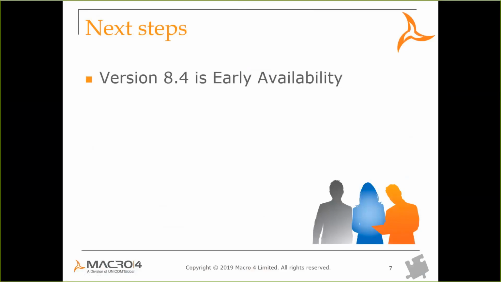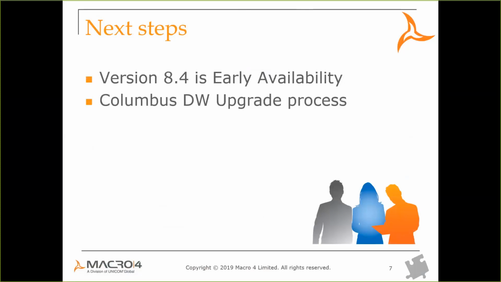Okay, so in terms of next steps, version 8.4.10 is about to enter early availability status, and as always we're looking for customers to test this on their own non-production systems, so please do let us know if this is something you're interested in. Now, Columbus DW can be upgraded in situ or onto a new server, and you can directly upgrade from version 7 or 8 to version 8.4.